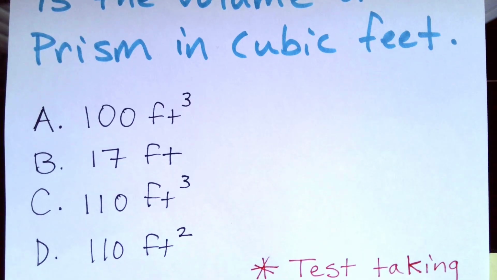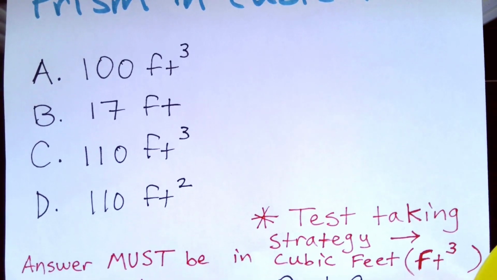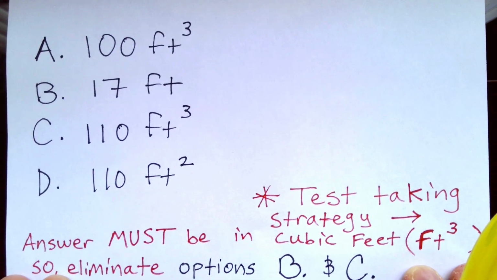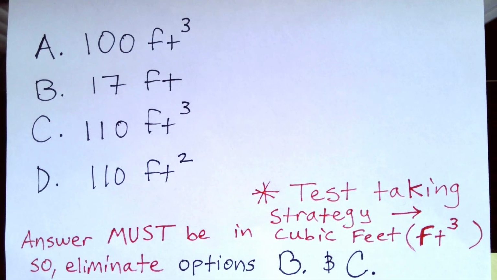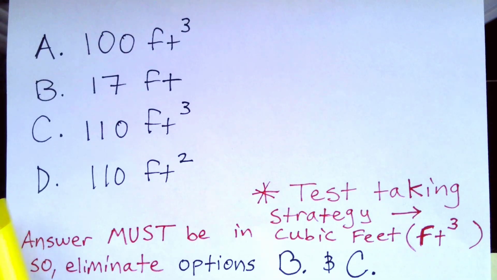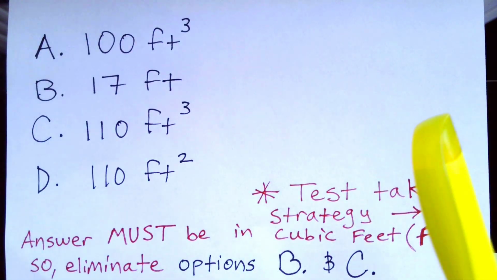All right, I got a little test taking strategy here for you. If you haven't seen these before, I like to, from time to time, help you out, give you little test taking strategies. So again, while you're taking these standardized assessments, A, B, C, D options, never, never, never leave an answer blank.